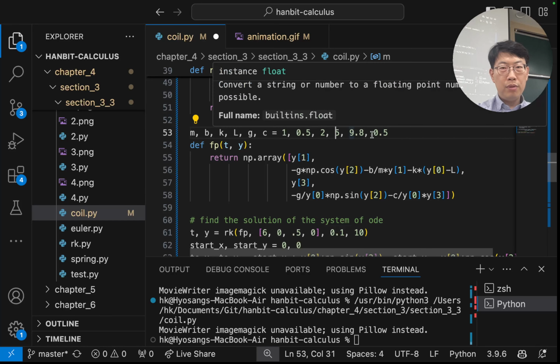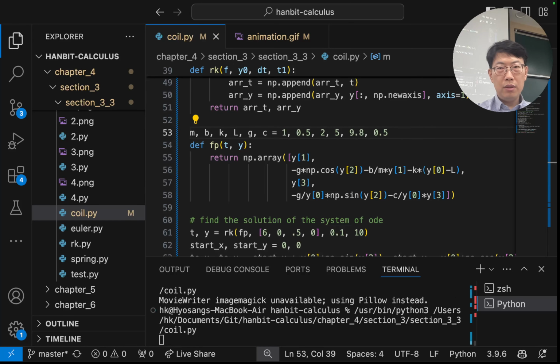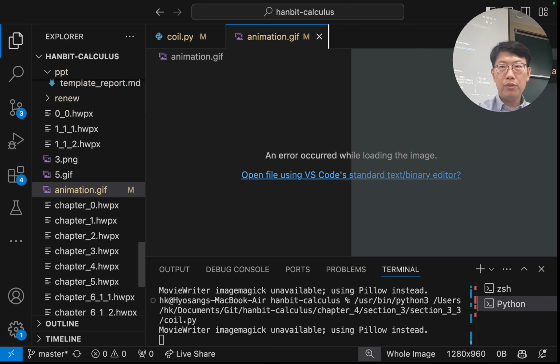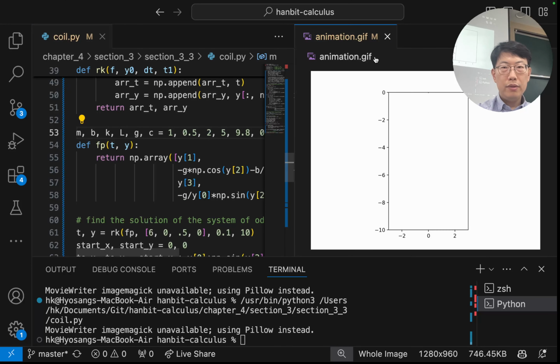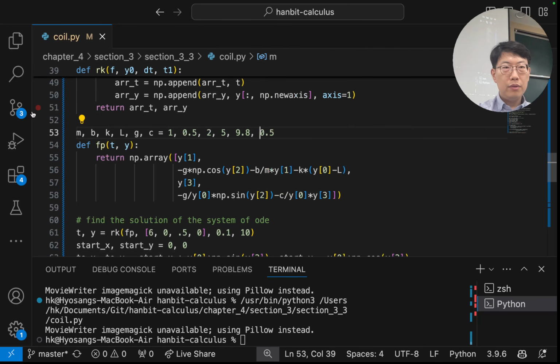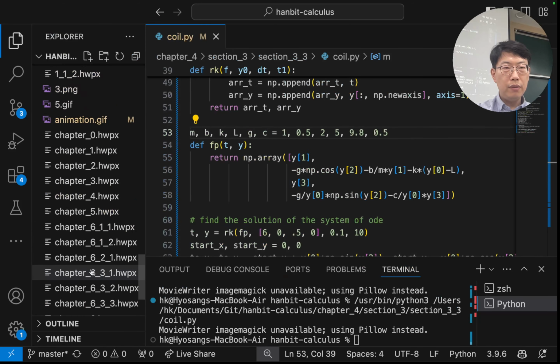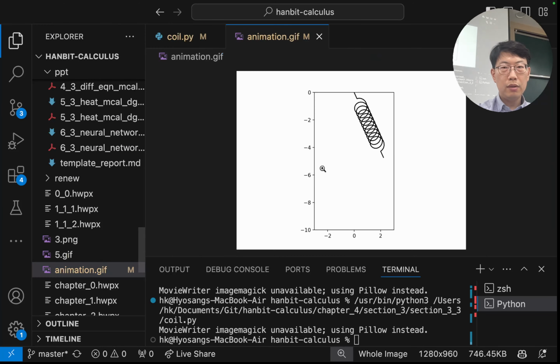That might be a problem, but I'll check what would happen. So let's see it here. It's not working; it's a little bit different from before, but still not as good as what I'm expecting.